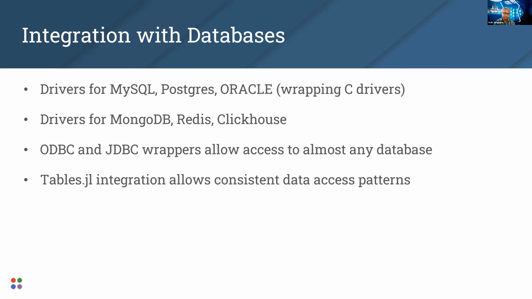Any database under the sun has either an ODBC or a JDBC driver. And so you can use one of those from Julia and get data out of that. So wherever your data lives, you can get it out to Julia and then load it, right?